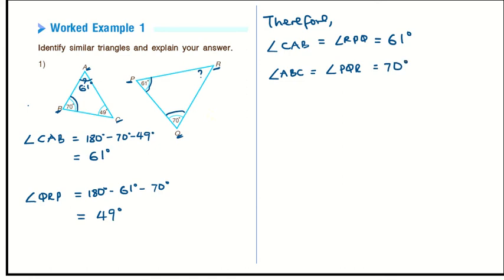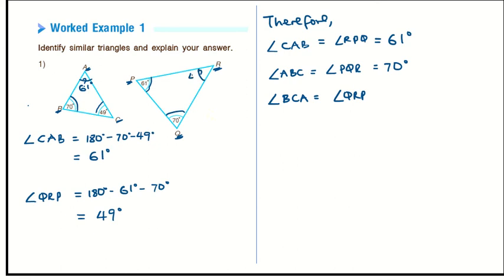We also see that angle BCA, this one, is equal to angle QRP, this one.